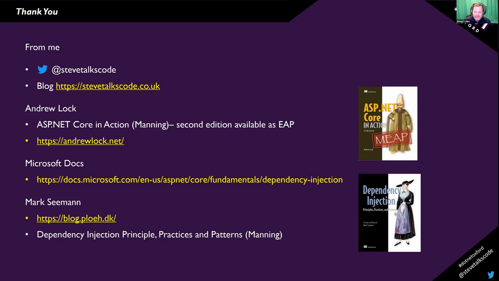Last but by no means least, there's Mark Seemann's blog and the book he co-wrote with Steven van Deursen, I think it is. There is an earlier version, but this version covers a whole host of all the different DI containers and how they differ from each other, and compares them to the Microsoft conforming container implementation. Now, Mark's not a big fan of the Microsoft implementation, but read the book and make your own judgments.